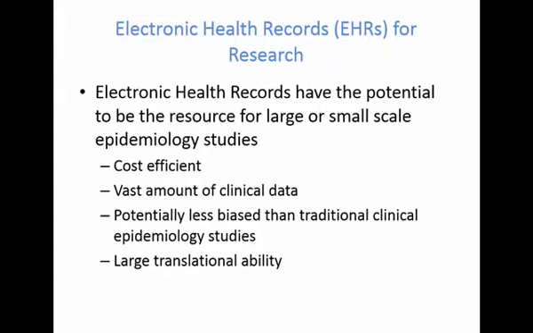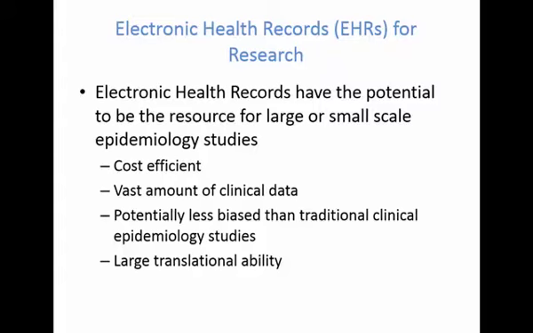But so a little bit of intro to EHRs. Electronic health records have the potential to be a resource for both large and small scale epidemiological studies. Why is that? Well, they're cost efficient for the researcher. There's a vast amount of clinical data.